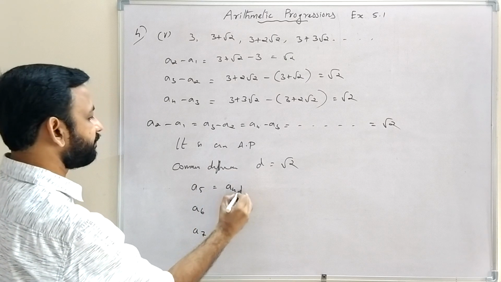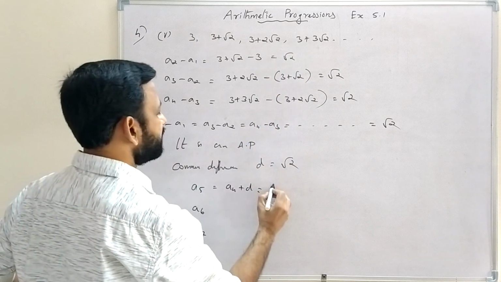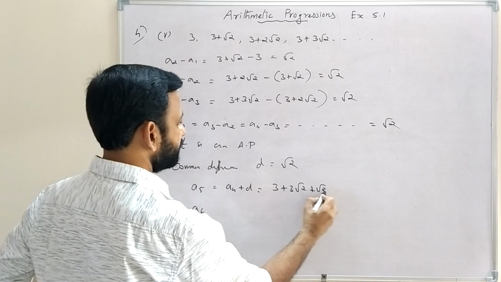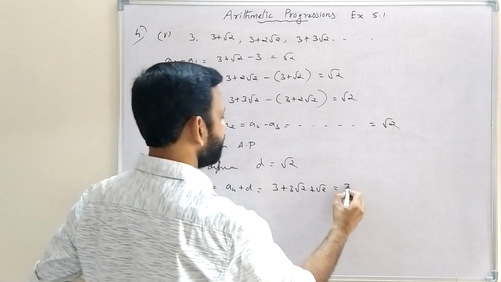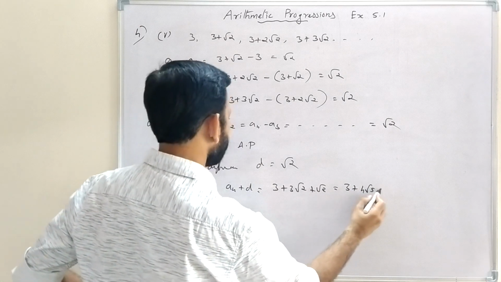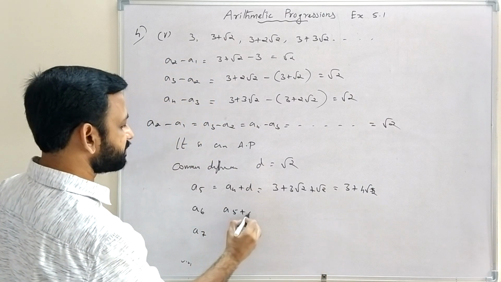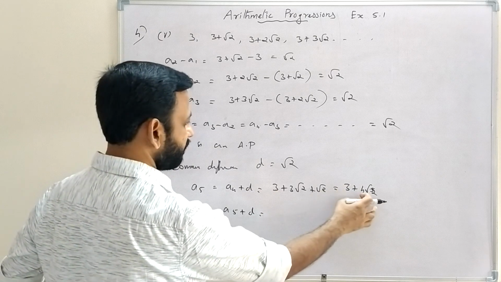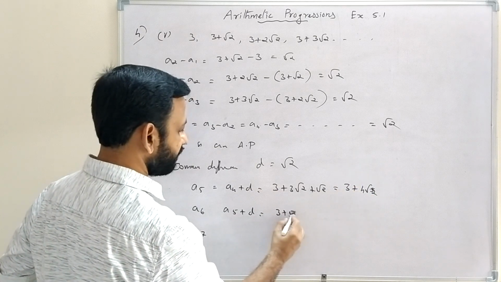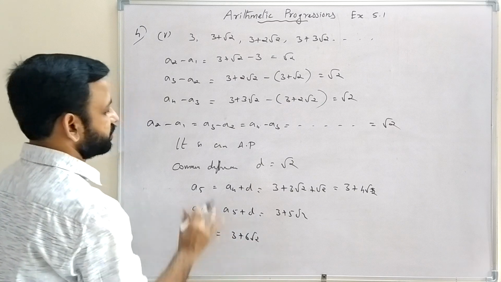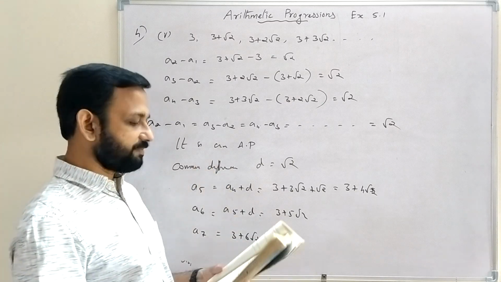A5 equals A4 plus D. A4 is 3 plus 3 root 2, plus D, root 2. So we get 3 plus 4 root 2. Similarly A6 is A5 plus D. A5 is 3 plus 4 root 2, plus root 2, that is 3 plus 5 root 2. And here it will be 3 plus 6 root 2. So these are the next three terms of that AP.